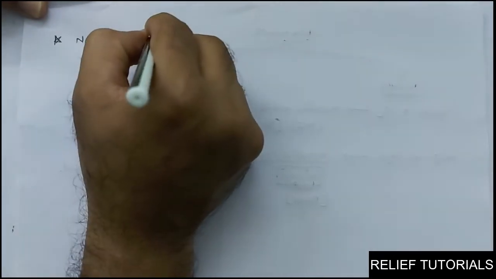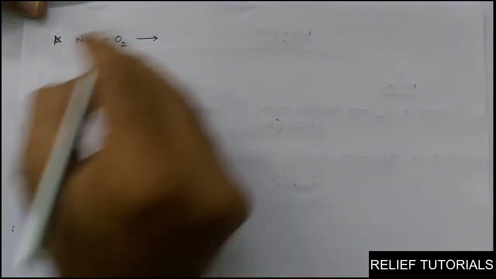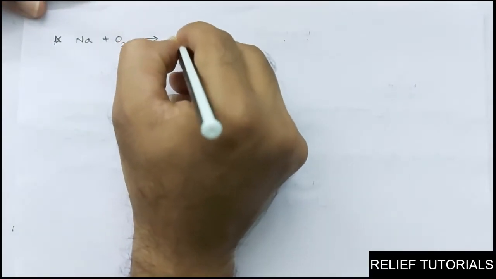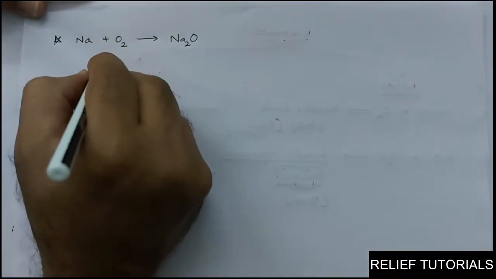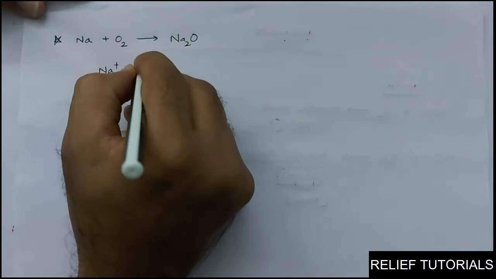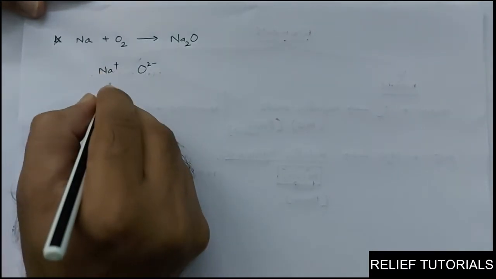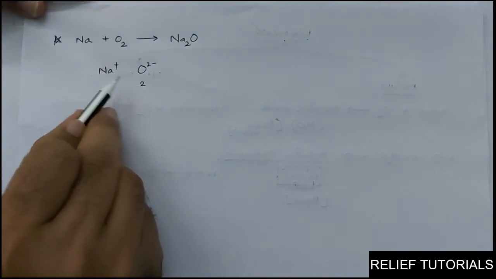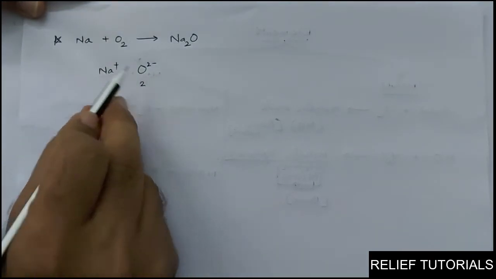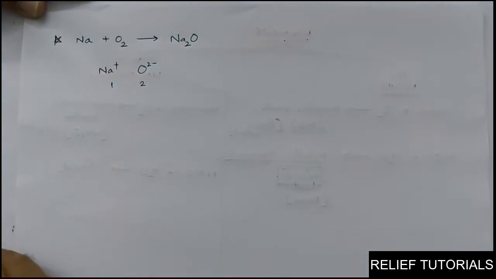Na plus O2 gives sodium oxide, Na2O, because here the reaction is between Na plus and O2 minus. The charge of Na is 1, O is 2, so 2 will be given to Na, 1 will be given to O, so Na2O, sodium oxide.